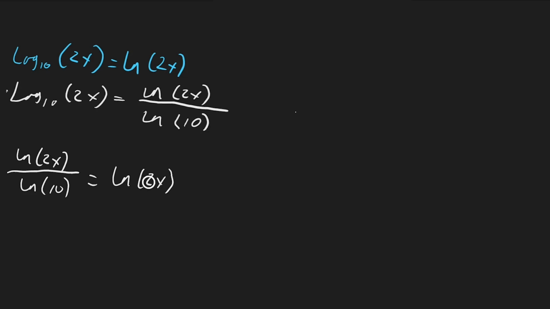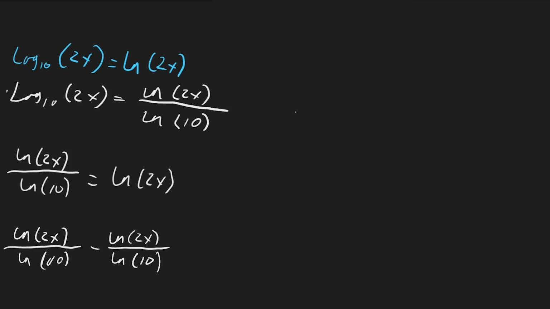All right, and how can we solve this? Well, we can start out by subtracting the left side on both sides. So we'll take ln of 2x divided by ln of 10 minus ln of 2x divided by ln of 10, and this is equal to ln of 2x minus ln of 2x divided by ln of 10.